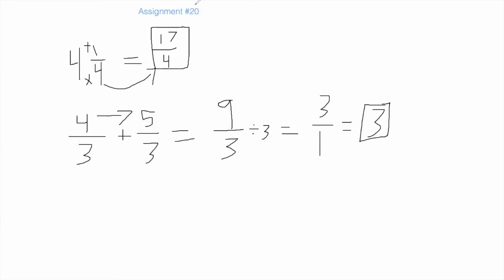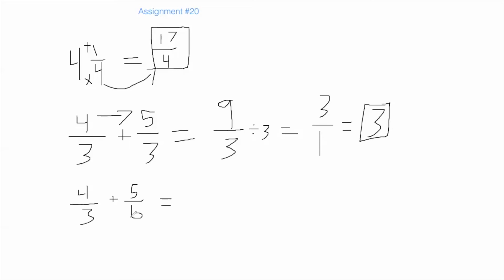Now, when the bottom numbers are different, that's when there's an extra step. So let's say we have the same exact problem, but it's 4/3 plus 5/6. Now the numbers on the bottom are different.